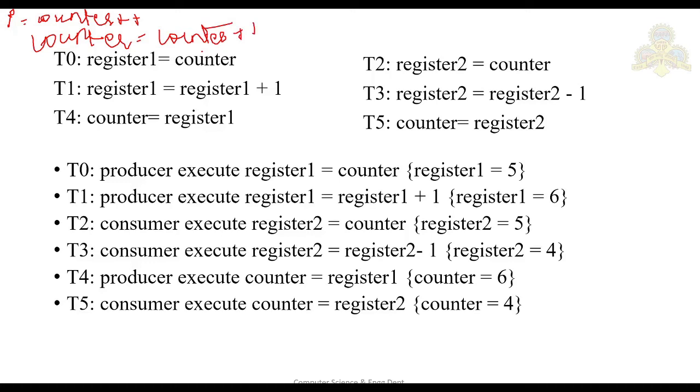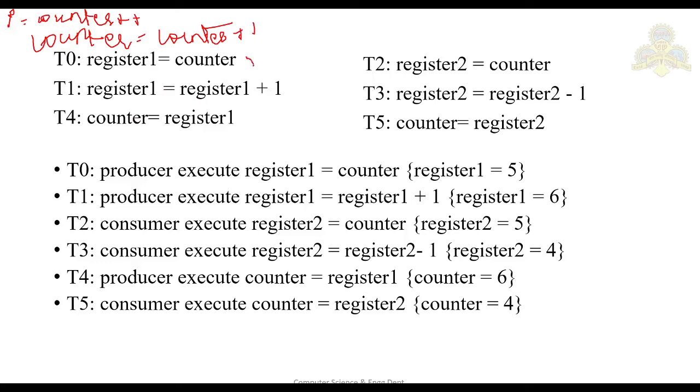So let us take register for this one. So whenever you want to perform this operation, counter plus plus, incrementing of the counter by 1, what you can do is like whatever the value of counter is there, you put into one register. For example, register 1. Then what you do? You have to increment it by 1, right? So register 1 plus the value 1. So whatever the new value is there, you put into the same register. Now whatever this register value is there, you again place back into the counter.